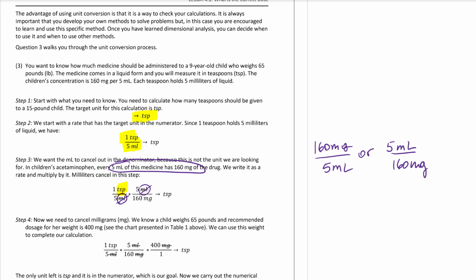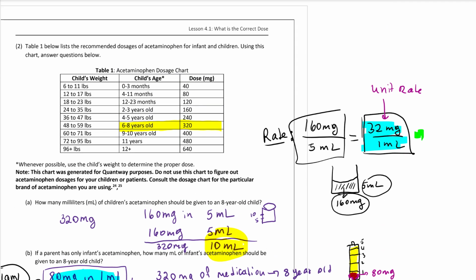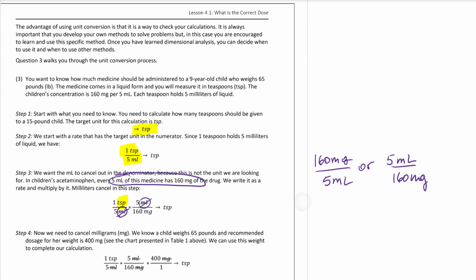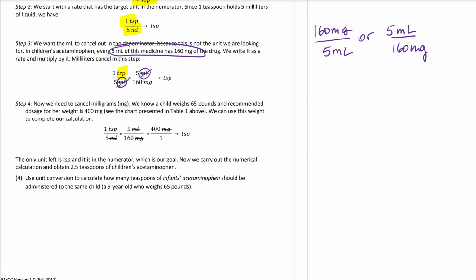Well, you're looking at a child that weighs 65 pounds, and from the chart, for the one that weighs 65 pounds, it's recommended that you give 400 milligrams of the medication. So 400 milligrams is put in such a way that the milligrams will cancel as well. You see the units across will cancel. And once you get all of this, how do you multiply a fraction?